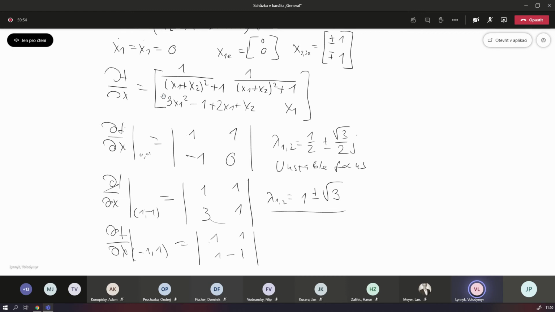Okay, here it's 1 minus lambda, 1 minus lambda, minus 3 equal to 0, and 1 minus 2 lambda plus lambda squared minus 3 equal to 0, and lambda squared minus 2 lambda minus 2 equal to 0.